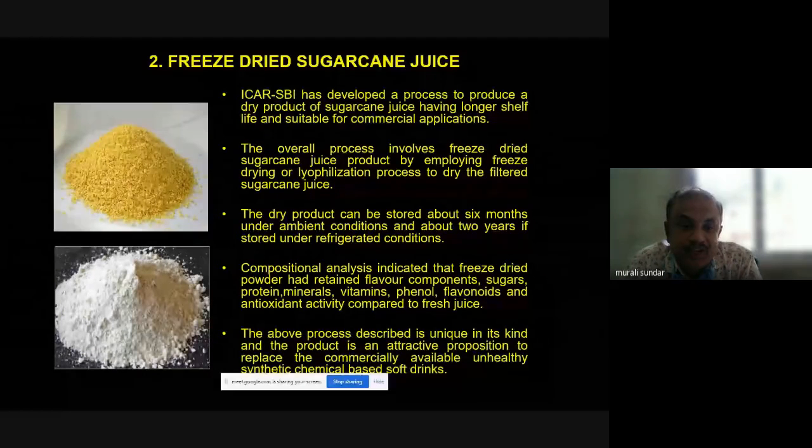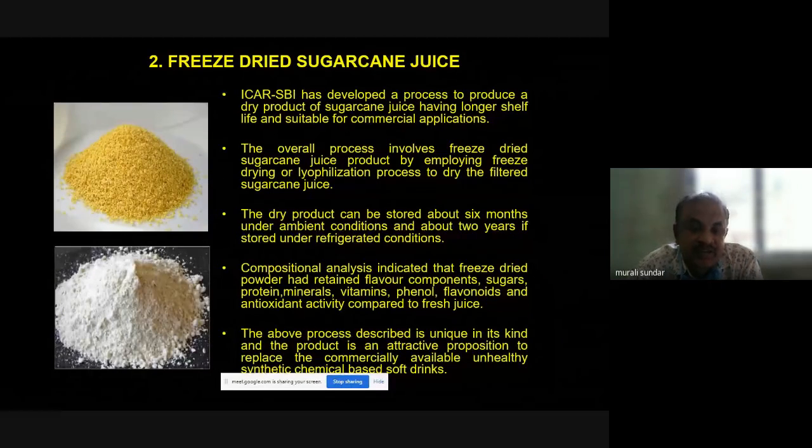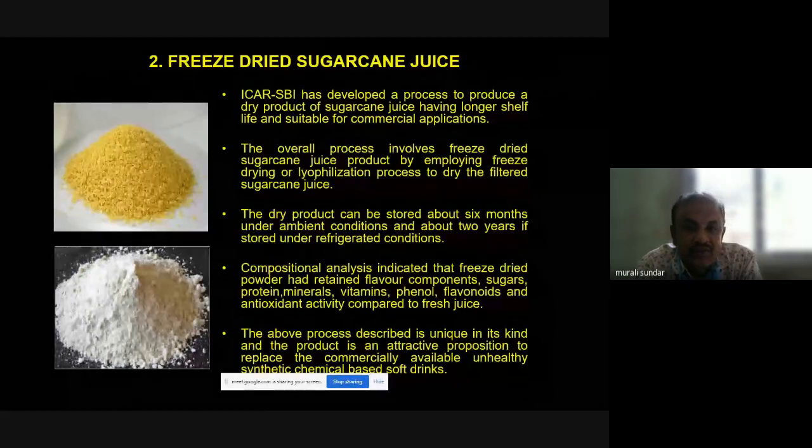In the other case, if they want juice equivalent to fresh juice, the freeze-dried sugarcane juice powder will do the job, and definitely we will get juice with a clean process as well as the nutrients restored in the juice.